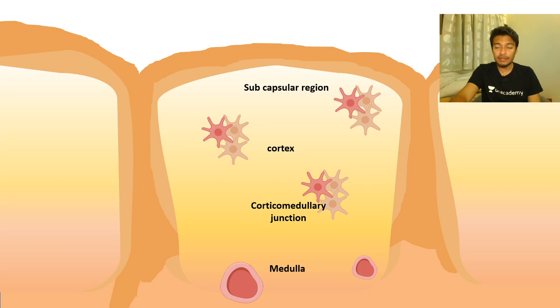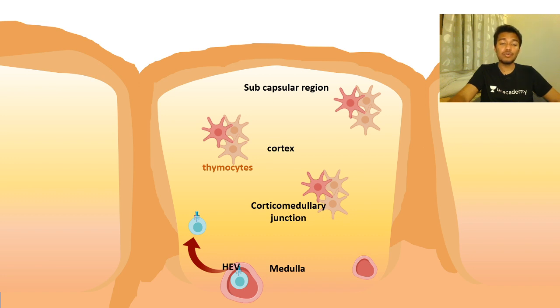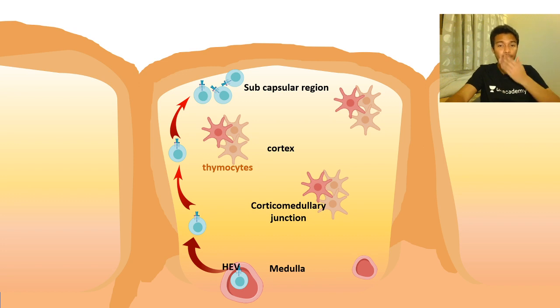So where do T cells come from? There are many afferent and efferent blood vessels into the thymus, which bring in these T cells, which are actually secreted from the bone marrow. Now, from the high endothelial venule, T cells come in, but once they come in, they don't go from inside to out. They first go to the outside and get accumulated in the peripheral region. There they hold their breath and stay there. So they are populated in the subcapsular region.